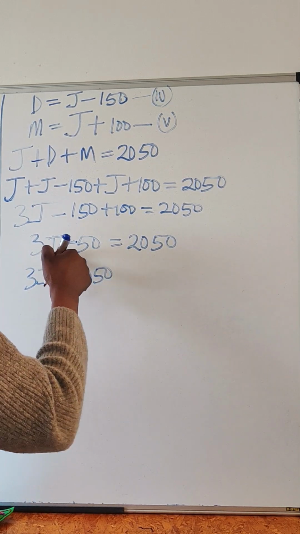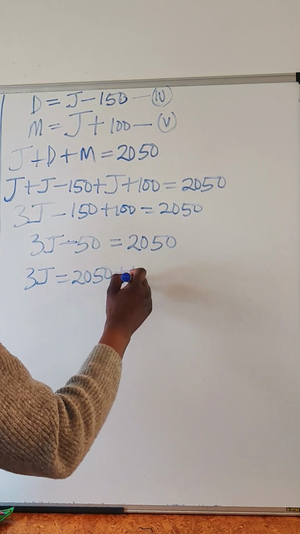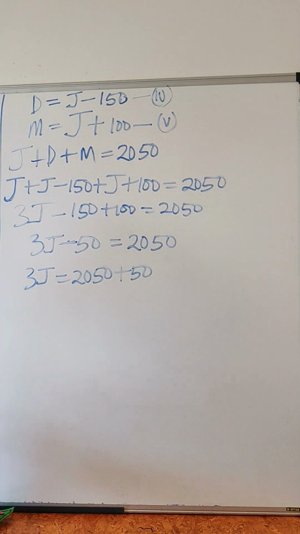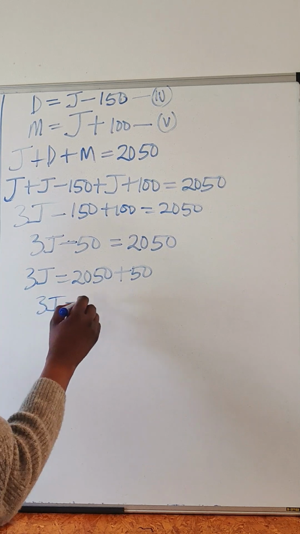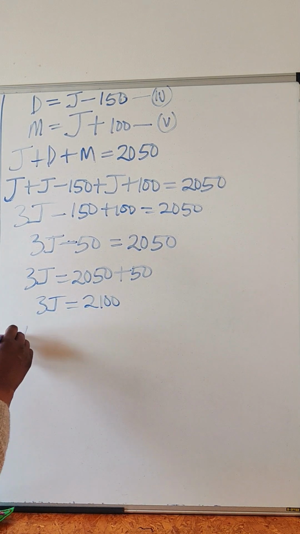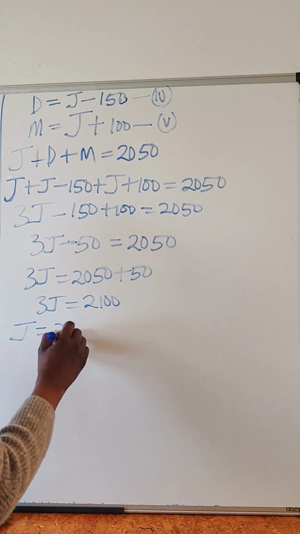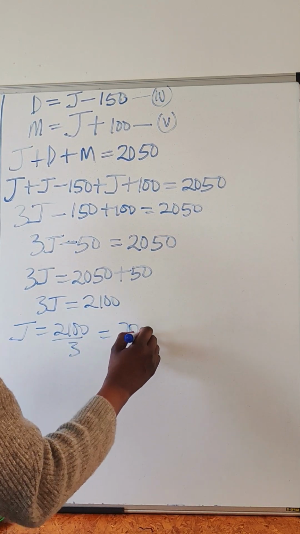Collecting the like terms, we have 3J equals 2050. The minus 50 crossing to the other side becomes plus 50. So 3J is equal to 2100. Making J the subject of the formula, we have 2100 divided by 3, which is 700.